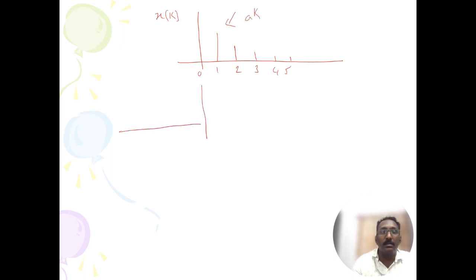Let me draw this graph once again in terms of x of k and h of k. This is x of k, and this is the unit step function.